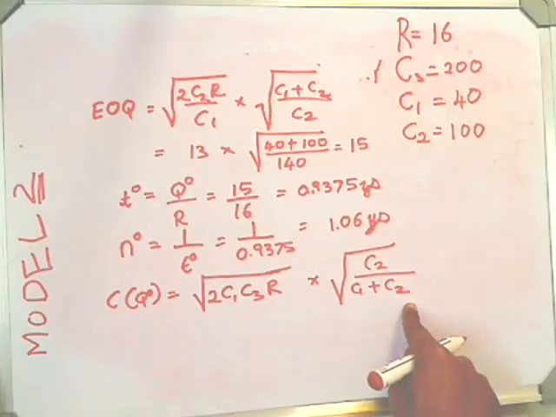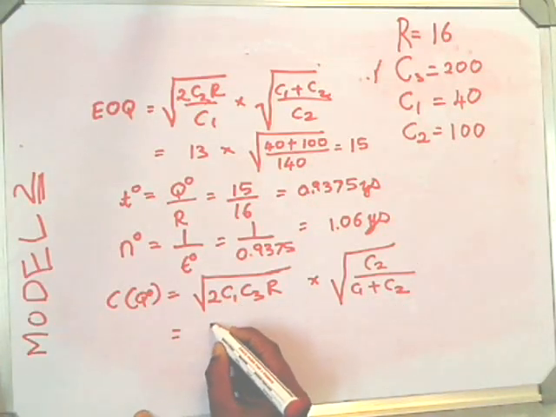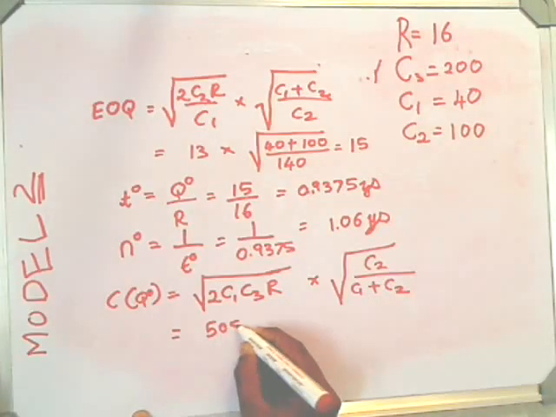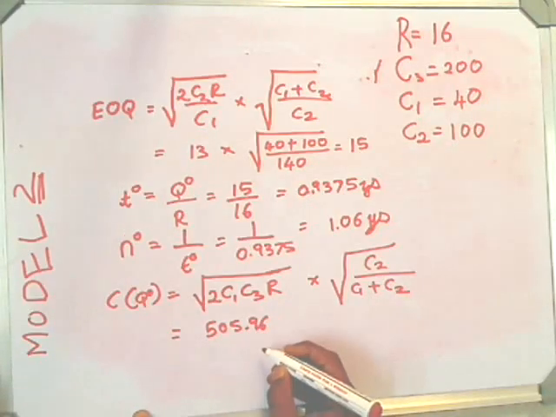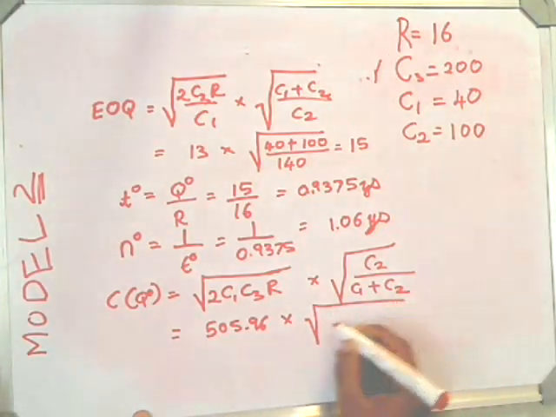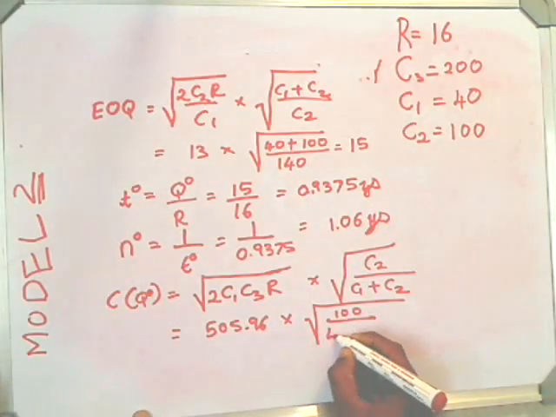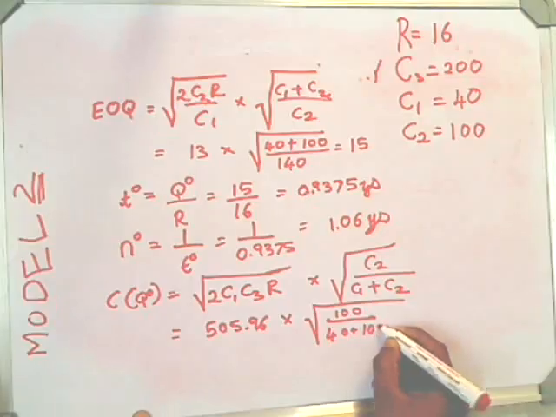Here, what I'm going to do, I've already got the value here. In the previous answer, it was 505.96. Now, if I were to substitute the values here, C2 would be 100 divided by 40 plus 100 again.